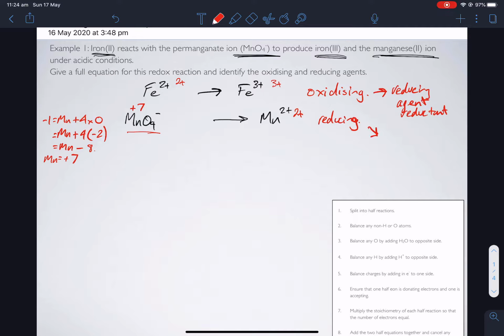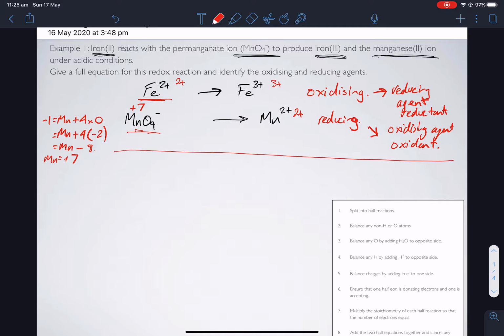And the thing that is reducing is the oxidizing agent. So the permanganate is the oxidizing agent, or the oxidant. It's like flipping it around. But remember, they're both reactants, so the Fe2 plus is the reductant, and the permanganate is the oxidant, okay?